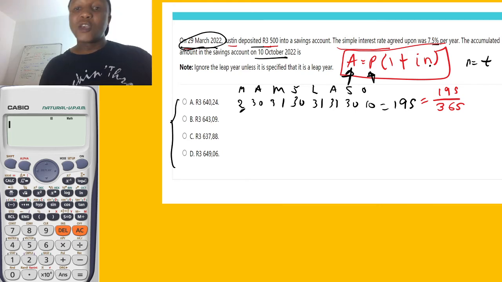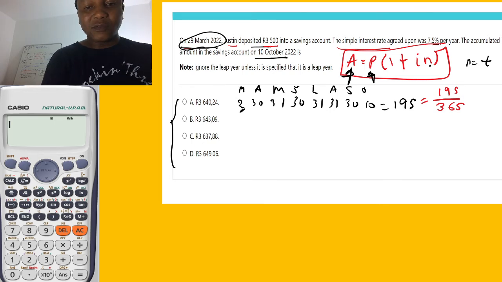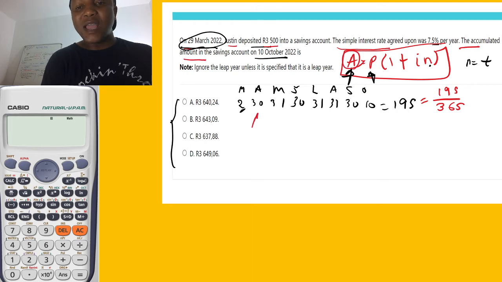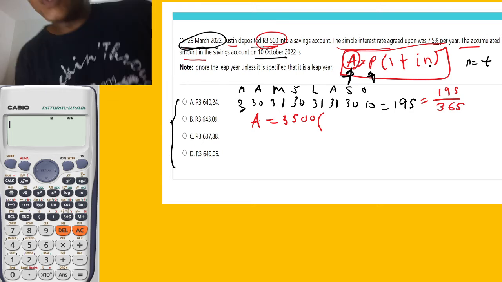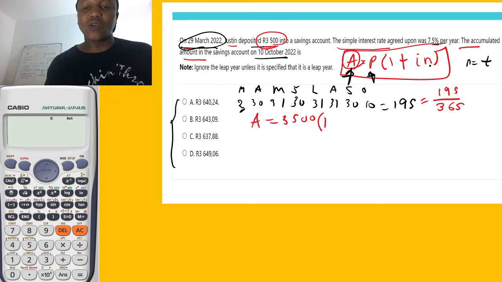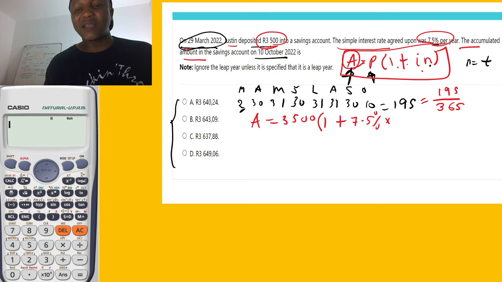So now we're going to say amount, because they ask how much you're going to have. The amount accumulated means we're looking for A. So the principal, the money you start the business with, which is 35,000. And then 1 is just 1, meaning 1 plus interest rate 7.5 percent, multiplied by the number of years.